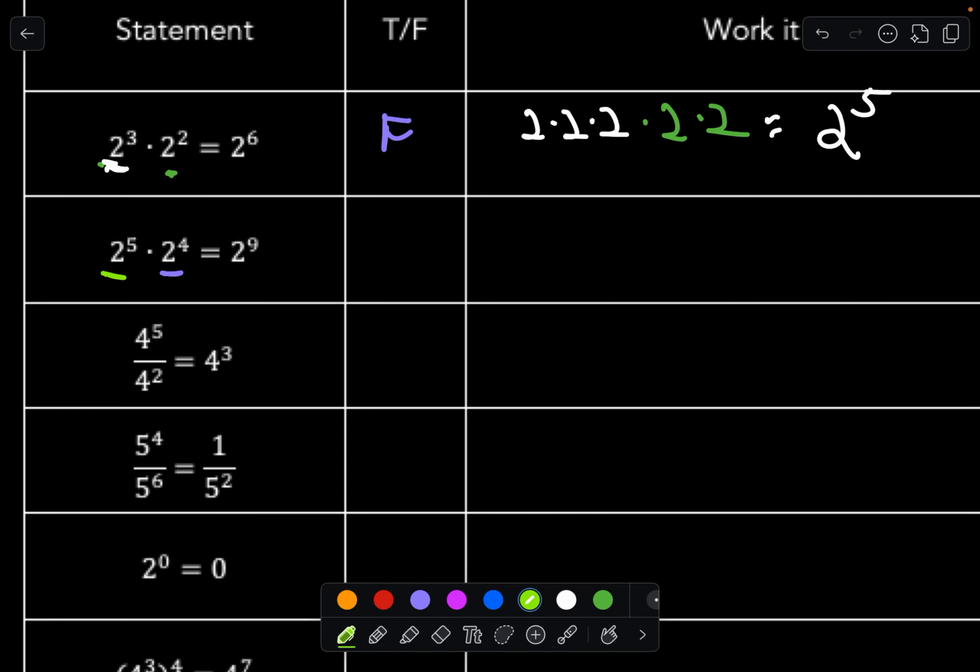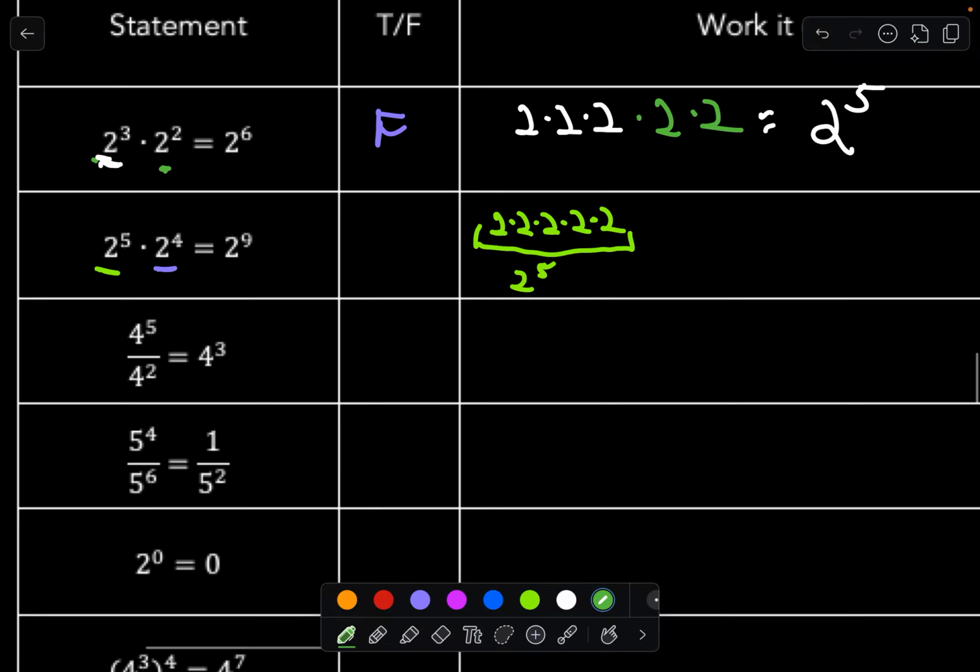Well, 2 to the fifth is writing 2 times 2 times 2 times 2 times 2. Let's see, 1, 2, 3, 4, 5. This is 2 to the fifth times 2 to the fourth, which is in blue. So this is going to be 2 times 2 times 2 times 2.